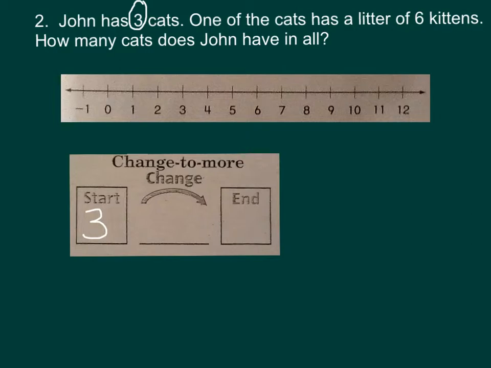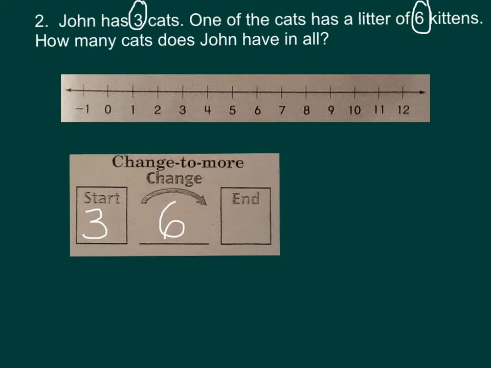Raise your hand if you know how this number model is going to change in our diagram. That's right, the change is going to be 6 kittens. So we take that number from our story problem and we add it to our diagram here.